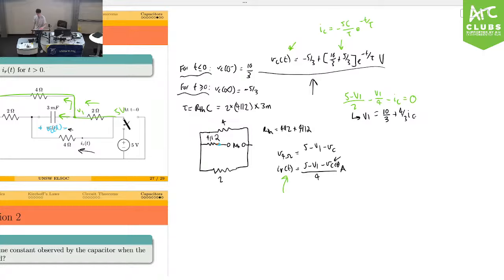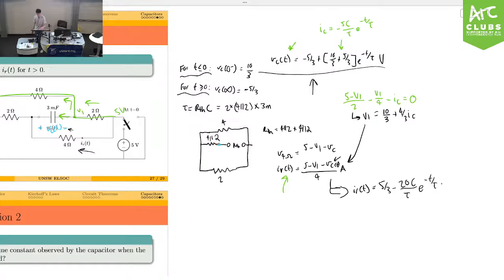Then I can substitute this into here, which gives me that IR of t is going to be 5 on 3 minus 20C on tau e to the minus t on tau.